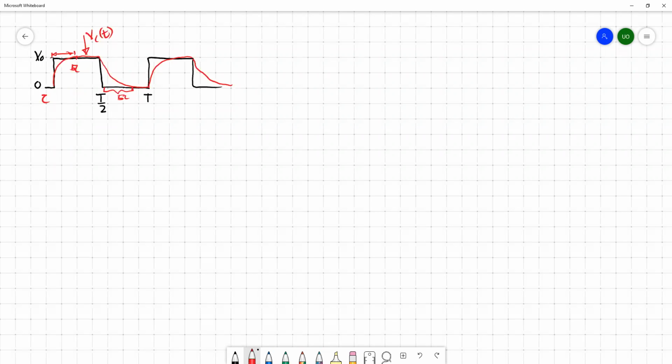Similarly, during this 5 tau time, the capacitor discharges to its minimum. So what happens if this 5 tau is comparably large to T by 2?